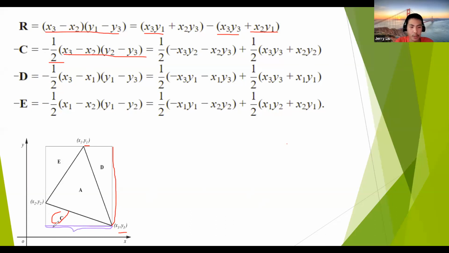This is because x3 minus x2 is the horizontal leg length, and y2 minus y3 is the vertical leg length. We'll then expand it again, and we'll repeat for D and E.